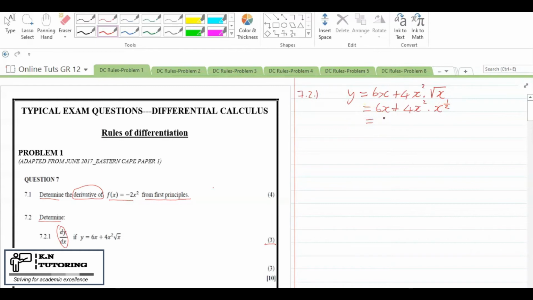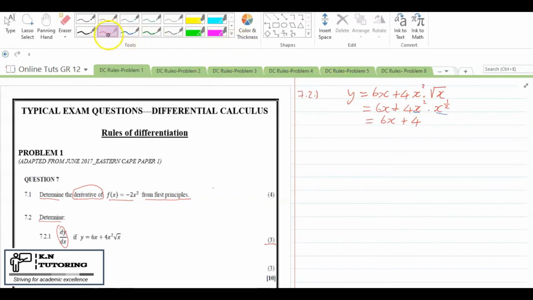I'm going to continue simplifying: 6x plus 4. Now when you look at this x squared and x to the exponent 1 over 2, we can say that they both have the same base.